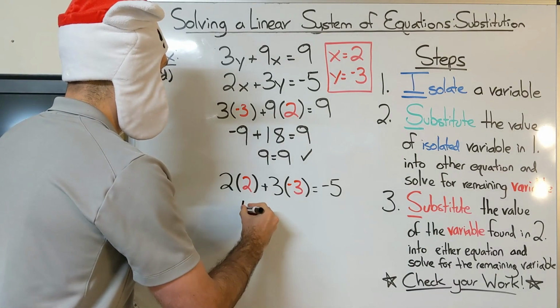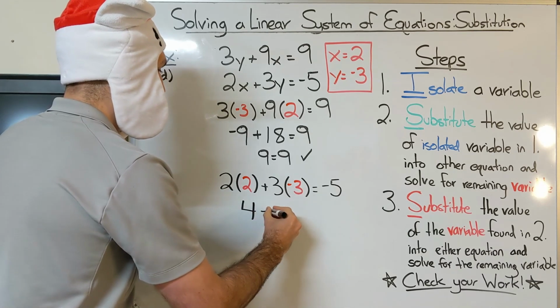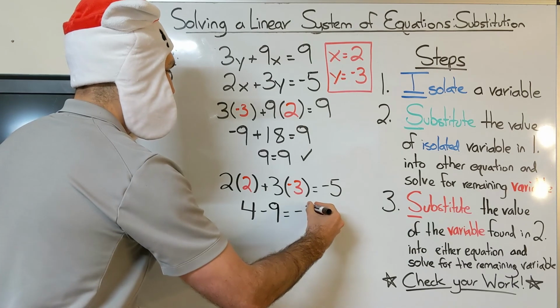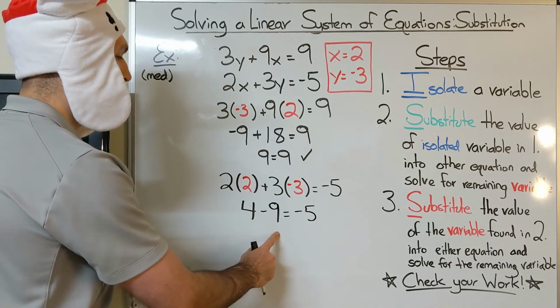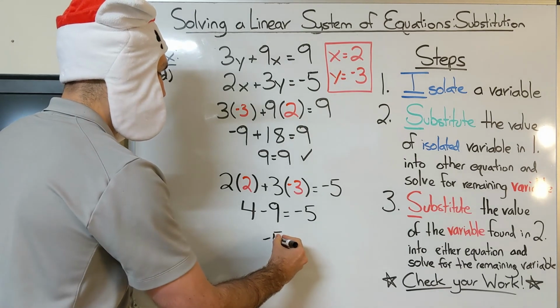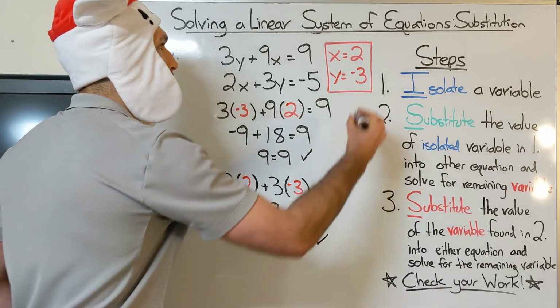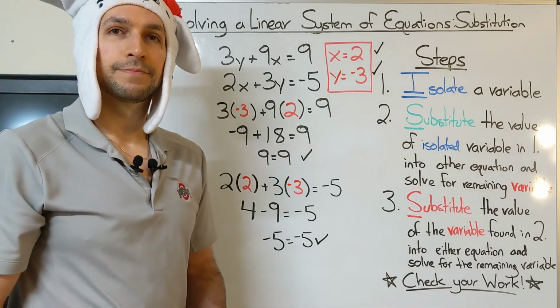So 2 times 2 will simplify as 4. Positive 3 and negative 3 make negative 9. Is that equal to negative 5? When we subtract 9 from 4, we go 5 deep into the negatives, and that is equal to negative 5. So we know that our solution is correct.